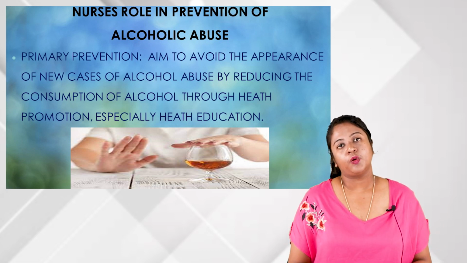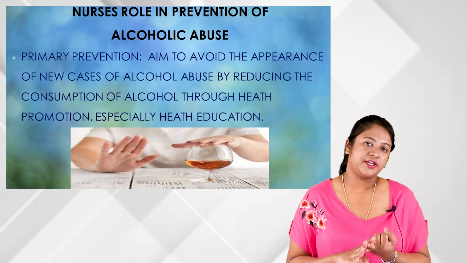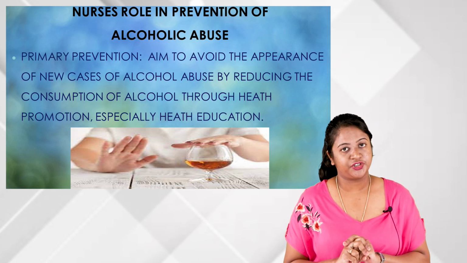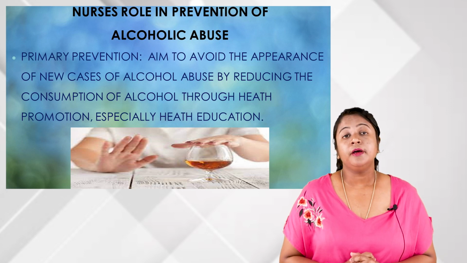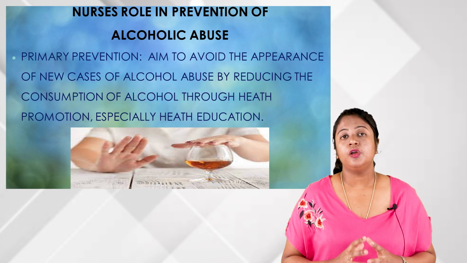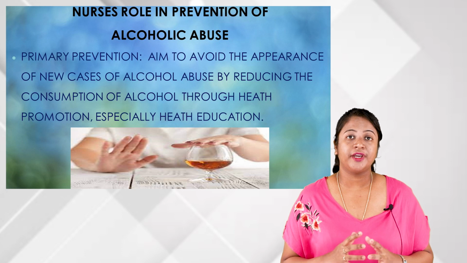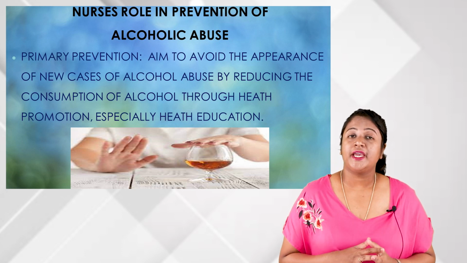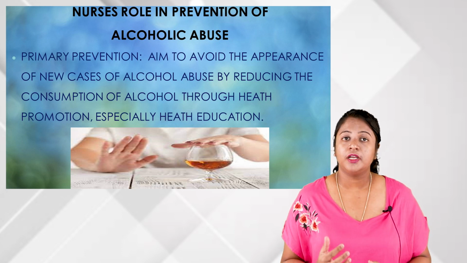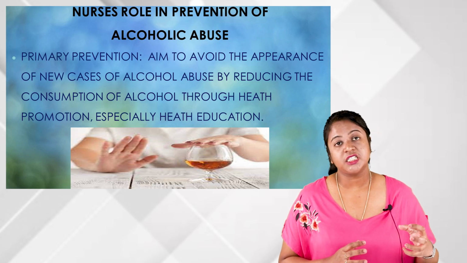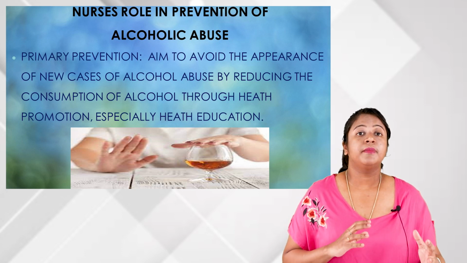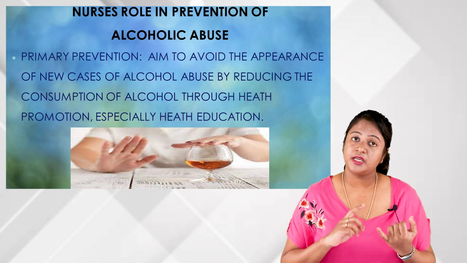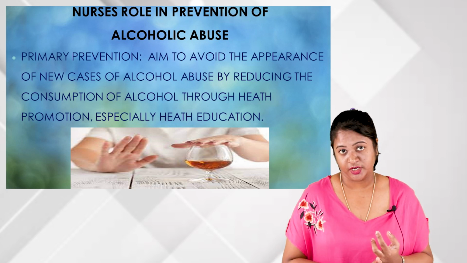So we have the roles in the primary prevention, the secondary prevention, as well as the tertiary prevention. In the primary prevention, the goal or the aim is to reduce the new cases of alcohol abuse by reducing the consumption of alcohol by certain methods. So it can be health promotion or education.